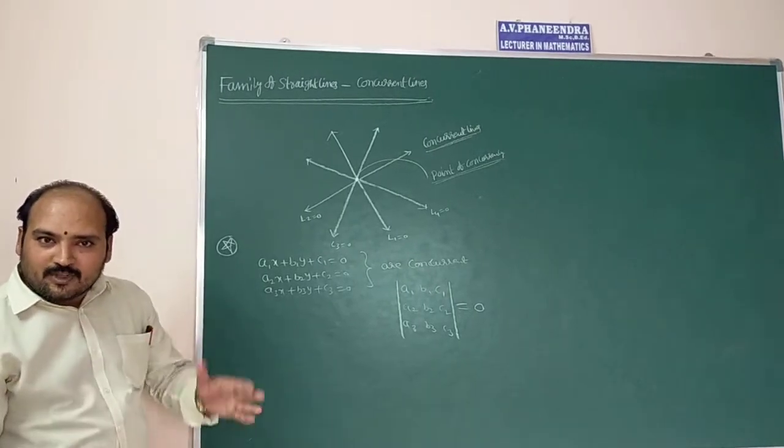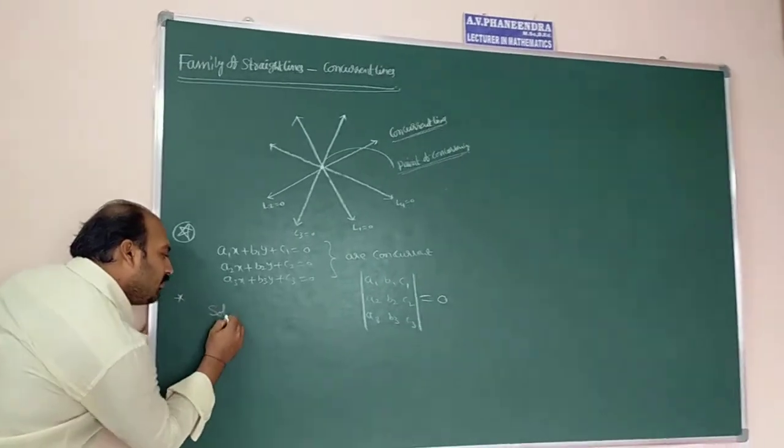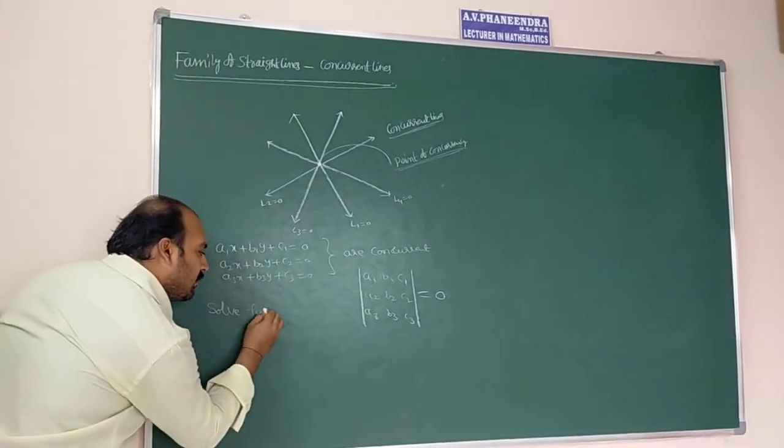Another method is the general method. Solve any two equations among the three for x comma y.